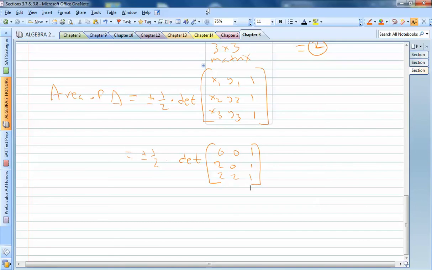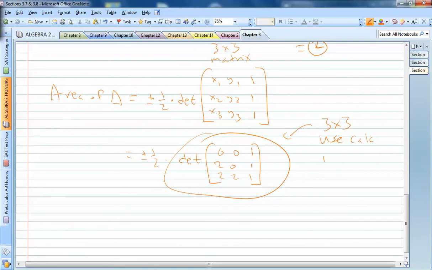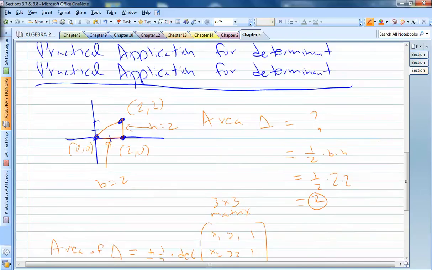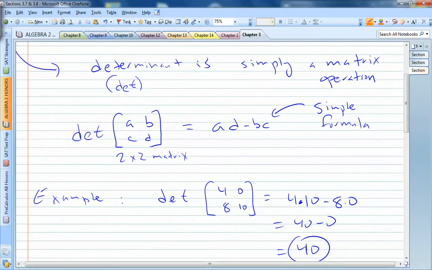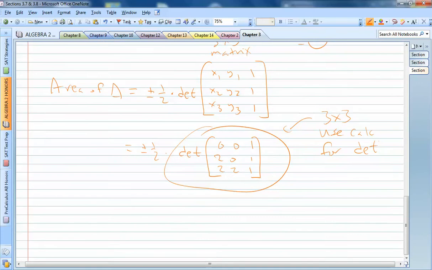Now, for 3x3, use the calculator for determinant. You could do it by hand, but I only showed you how to do it by hand for a 2x2. And for 3x3, it's pretty nuts.